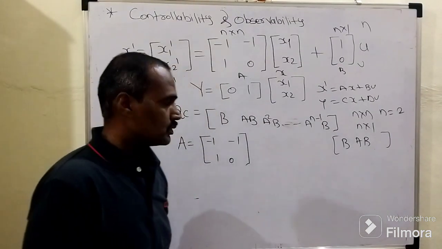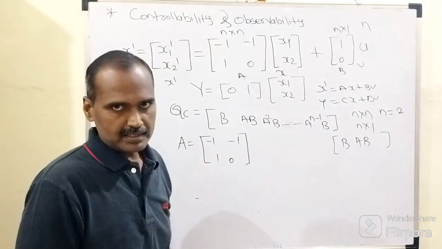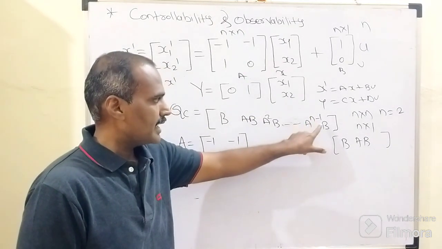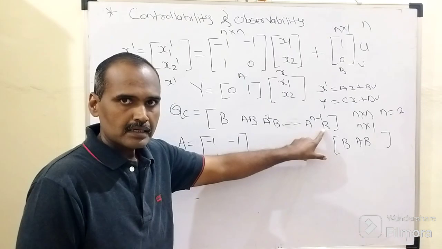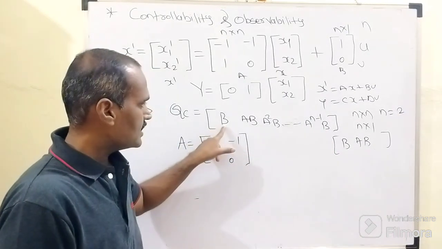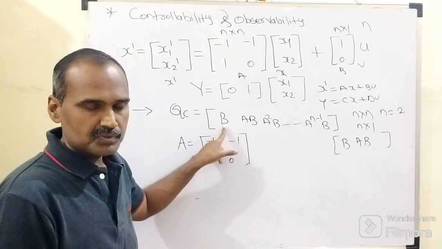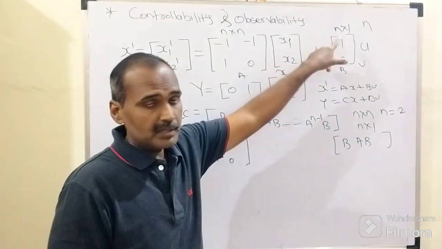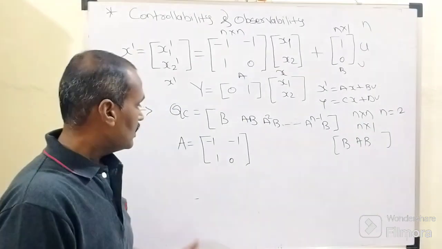These two terms we need to include within these two parentheses, right? And the first matrix which we need to consider is capital B, whose order is n cross 1, right?